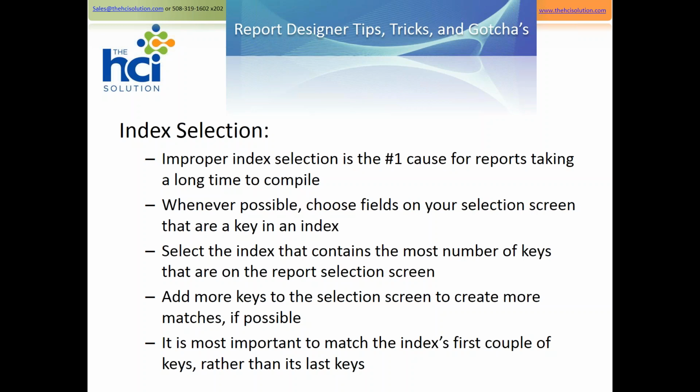So if I'm writing a registration report, I'll always try to include the facility field on the selection screen, because if the user is able to define a specific facility, then it will allow the report to go much faster. Instead of having to pull records from every facility in the system, it'll only have to look at one specific facility and probably go a lot quicker. And it's most important to match the index's first couple of keys rather than its last keys.